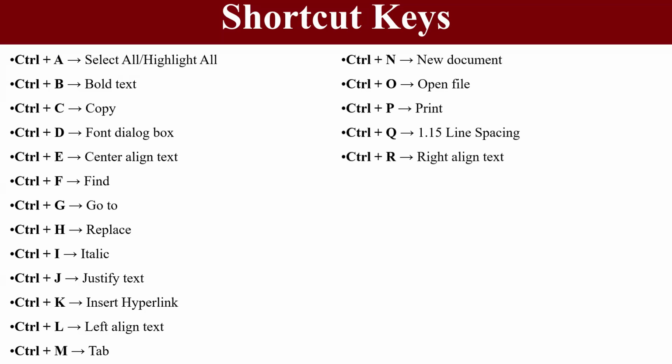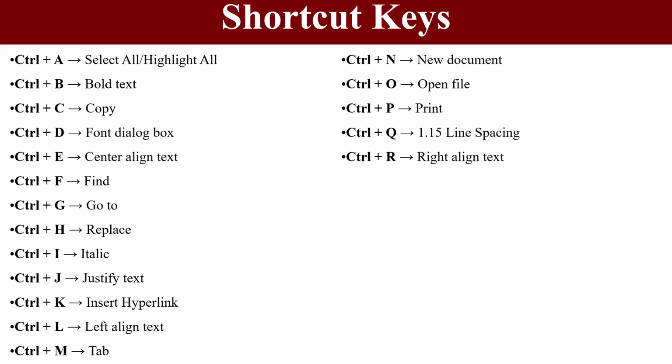Then we talk about Control R, that is right align text. Let's say your writing is on your left hand side. As we know, in Microsoft Word your writing starts on the left hand side, and you want that writing to move to the right hand side.